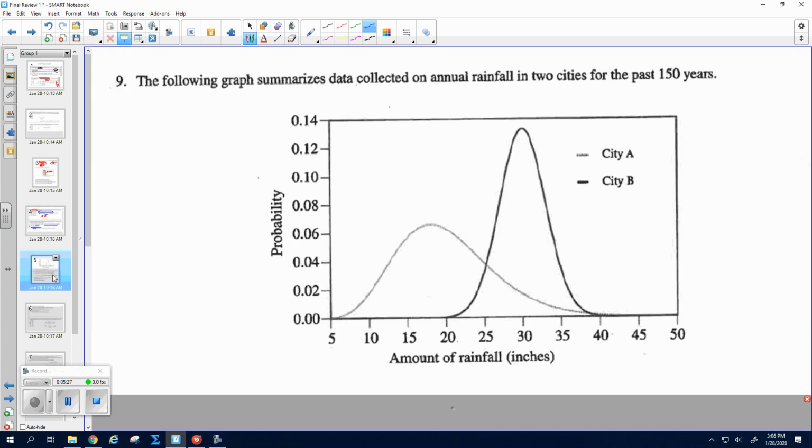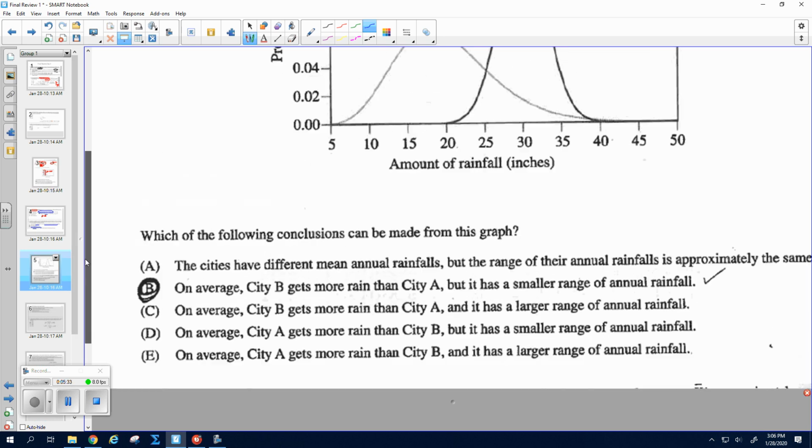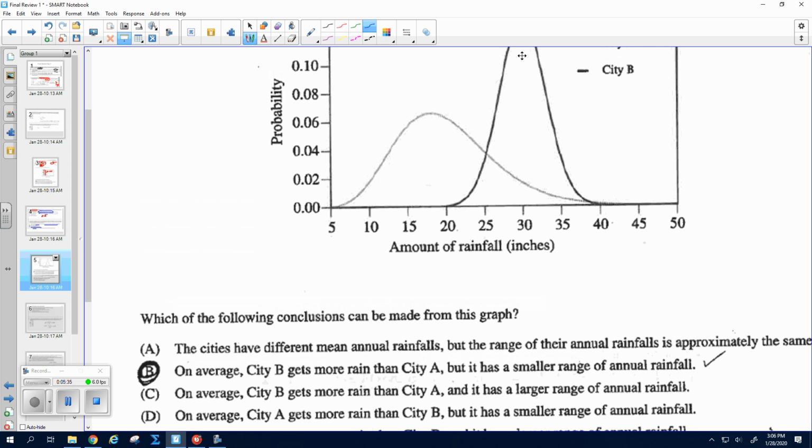All right, so number 9. Hopefully you guys got this one. It is B. City B gets more rain on average because its mean is over here versus its mean being over here for city A. But it has a smaller range of annual rainfall because its range is from here to here, so that's a smaller range than city A, where the range is from here to here.